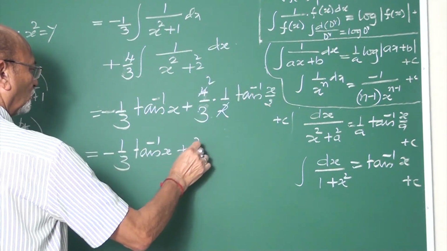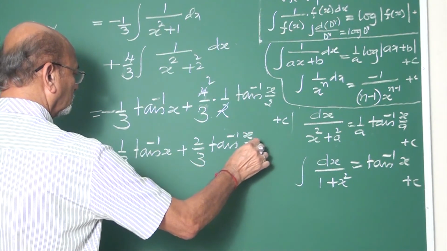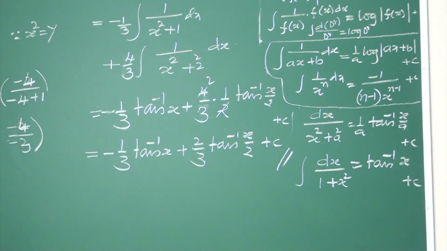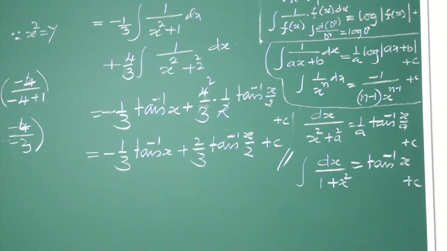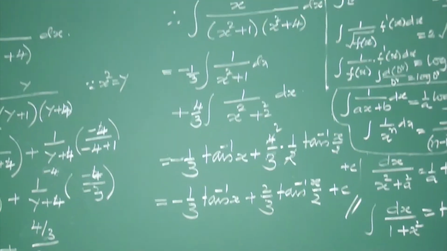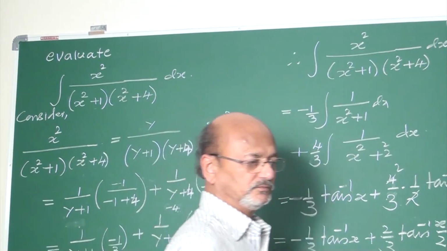It is plus 2 by 3 tan inverse x by 2 plus c. I give 1 minute. Just go through all the steps. If any corrections, because somehow we have done more corrections, my friends, see it.